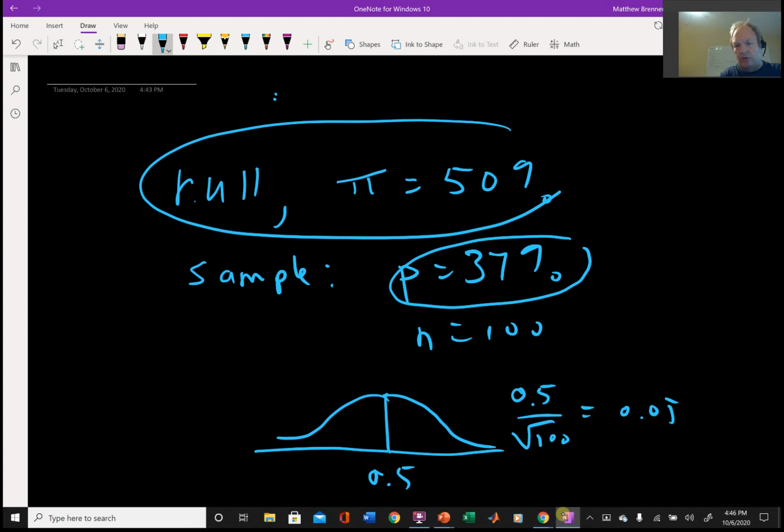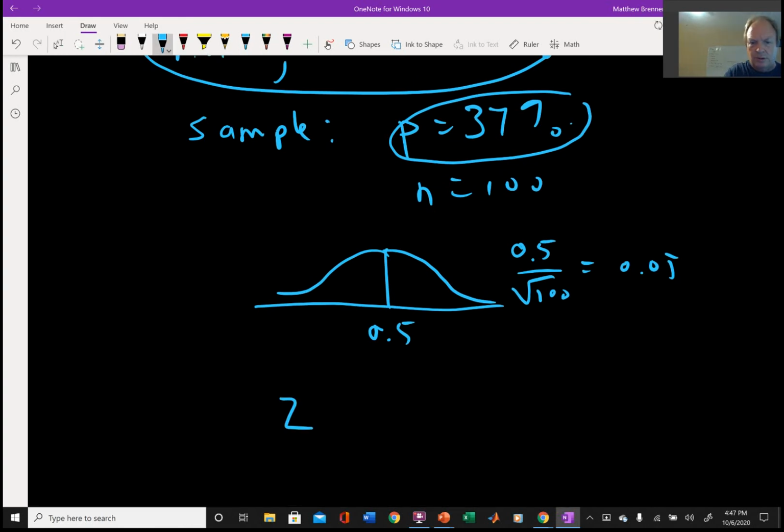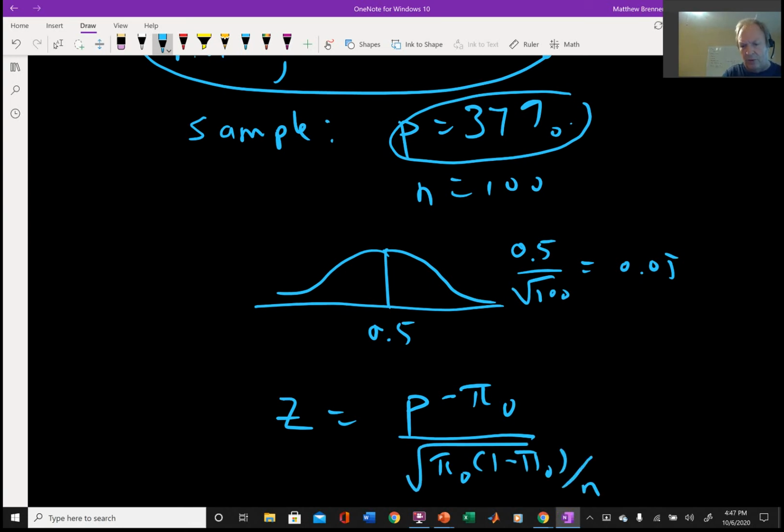And now we would compute the z-score for this value right here. So the z-score would be equal to p minus pi under the null hypothesis divided by the standard deviation, which is the square root of pi naught times 1 minus pi naught divided by n.